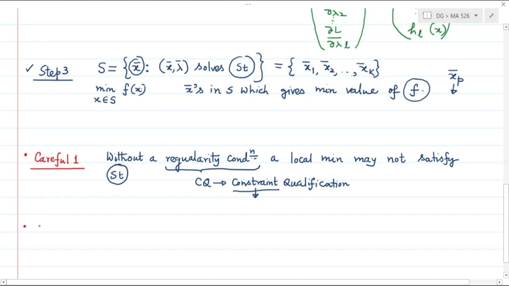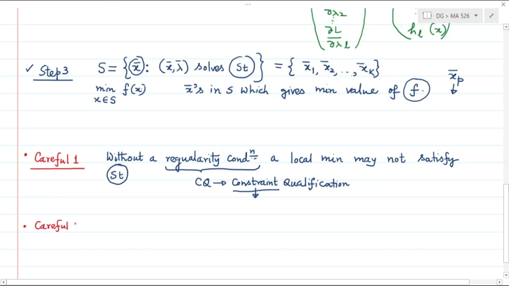That condition depends on the Hessian of the Lagrangian function, and if that Hessian is positive definite in some particular cone of directions, then that will suffice to say that your x bar point is really a local minimum of the given problem. Fine. So without an extra check, step 3 might be misleading.